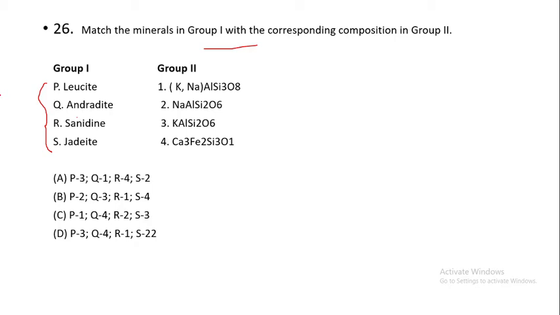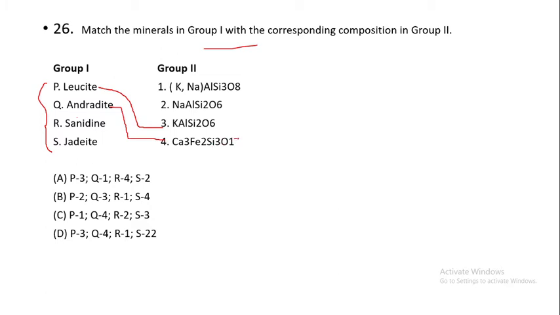So first is leucite, as we know it is potassium, aluminium, silicon and oxygen: KAlSi2O6. Then andradite, it will be Ca3Fe2Si3O12. It is O12, not O1.